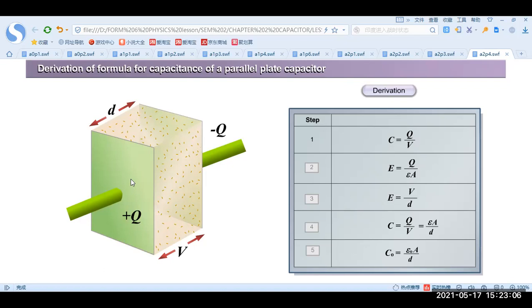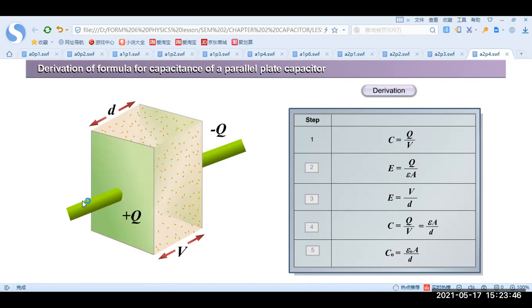We can charge it with a higher potential difference, because the positive and negative charges cannot jump over the medium. As a conclusion, dielectric is used to increase the capacitance of a capacitor, and to increase the amount of charge stored in a capacitor.